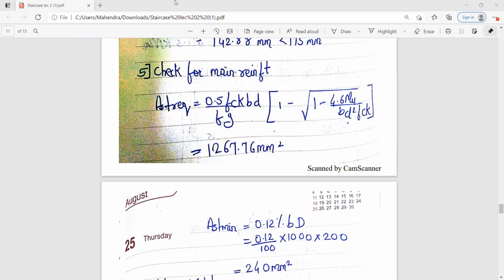See whether you are also getting the same answers for AST or not. Okay.